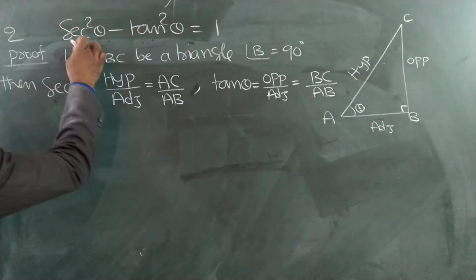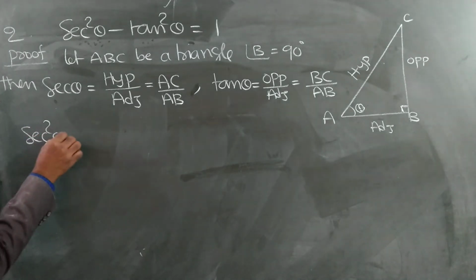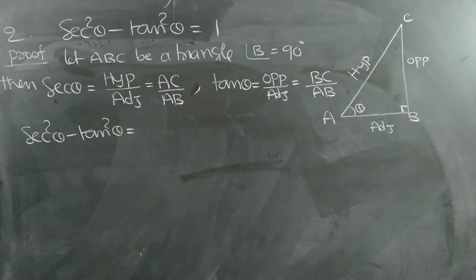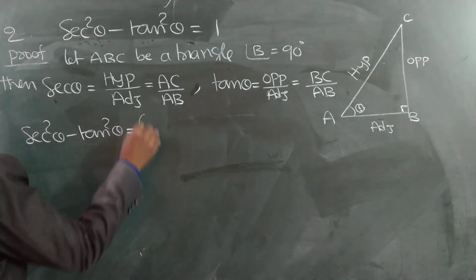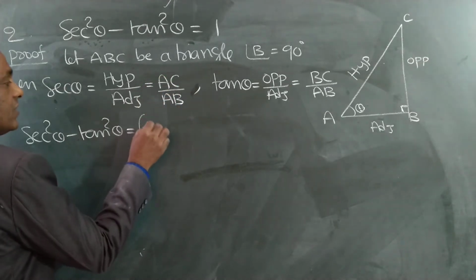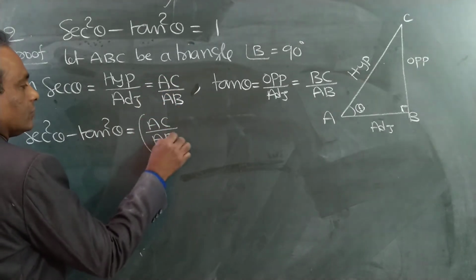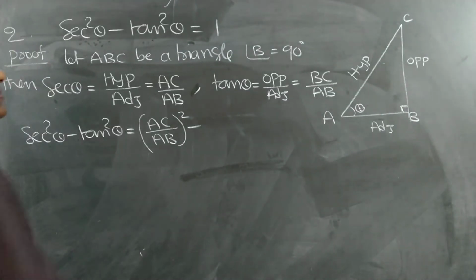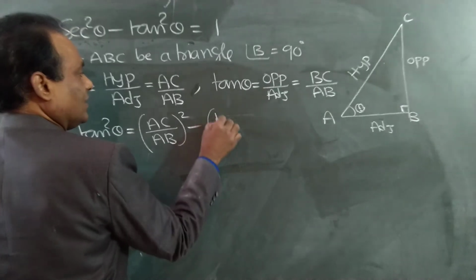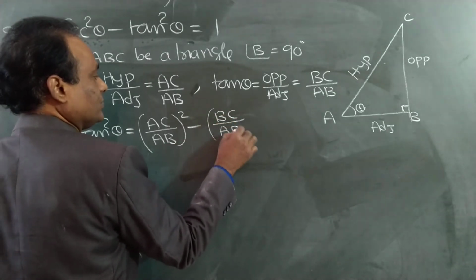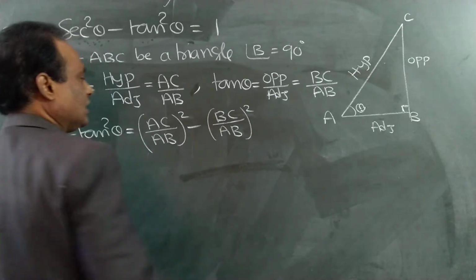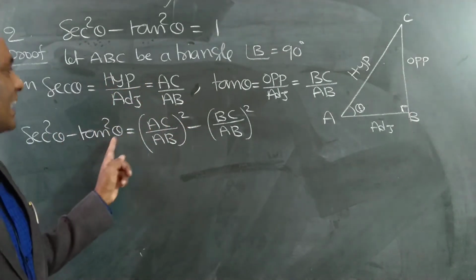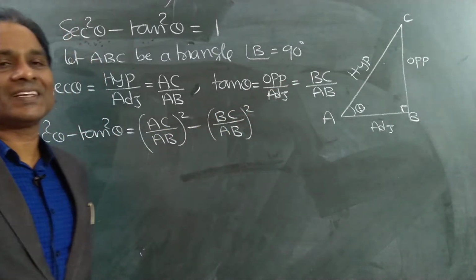Now what do I require? I require secant square minus tan square. This value should be 1. So the secant theta value is AC by AB, whole square, minus the tan theta value BC by AB, whole square.